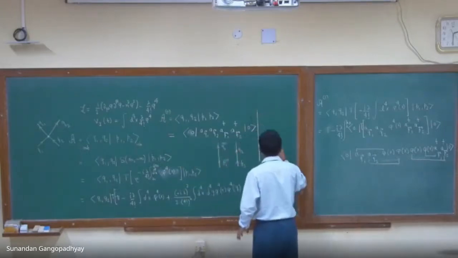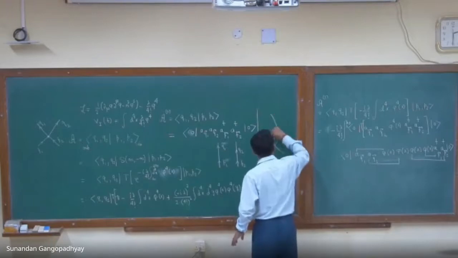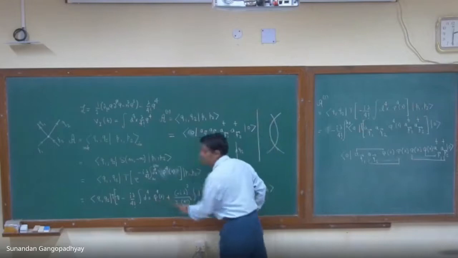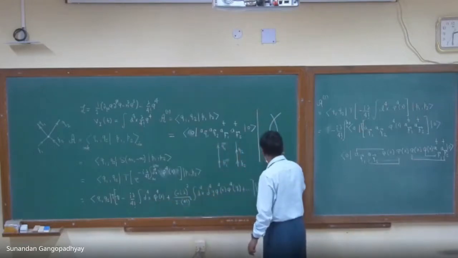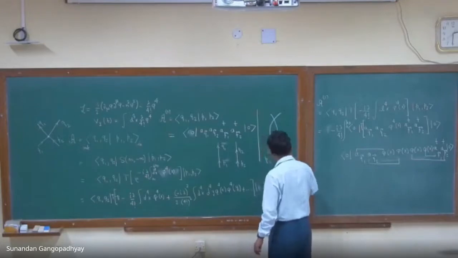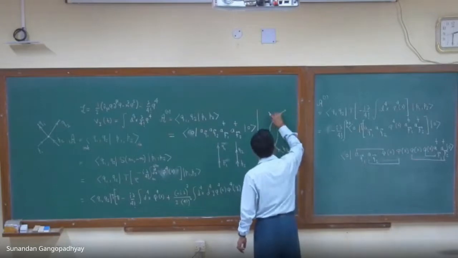It should be something like this: 2 particles are coming in. At second order, there will be 2 vertices, right? So if the particle comes with momentum P1, this particle comes with momentum P2. There are 2 vertices. This particle goes out with momentum Q1.